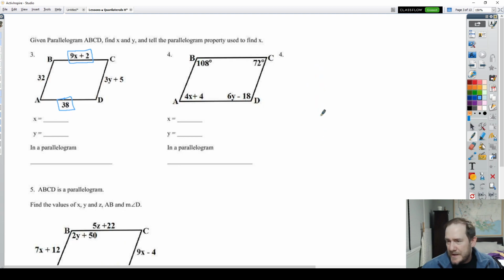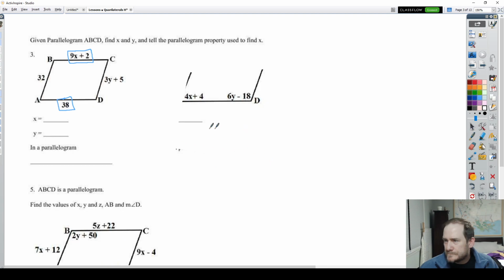So off to the side over here. Let's just make room. Right here. I'll show my work right there. So we're going to say that the 9x plus 2 is equal to 38.